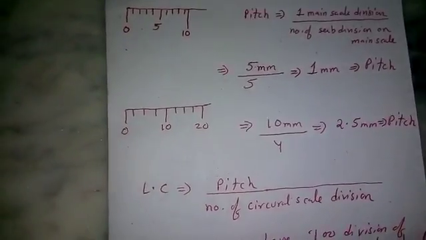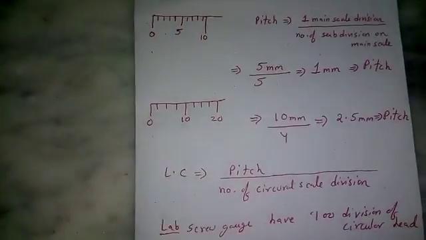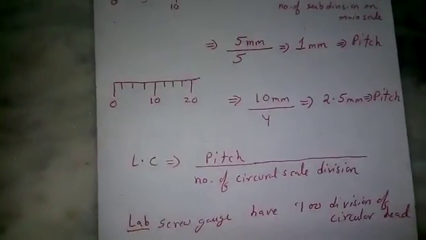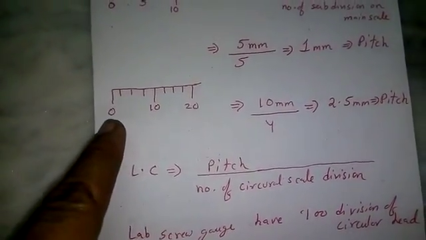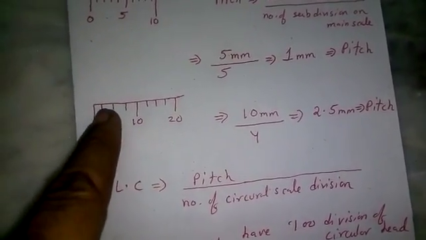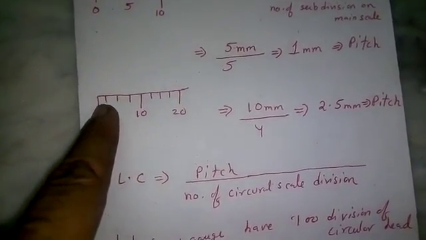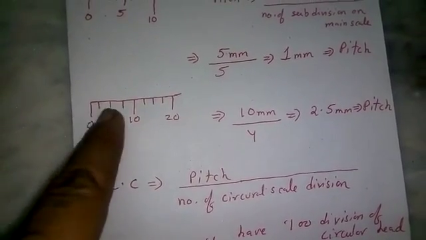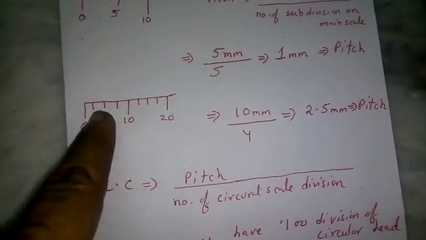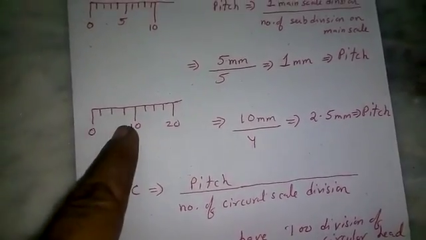Now consider some other screw gauge, say for industrial purposes, which has divisions like 0, 10, 20 and so on, but whose subdivisions are 4: 1, 2, 3, 4. How can we count these divisions? The number of lines you see plus 1 will be your number of divisions.